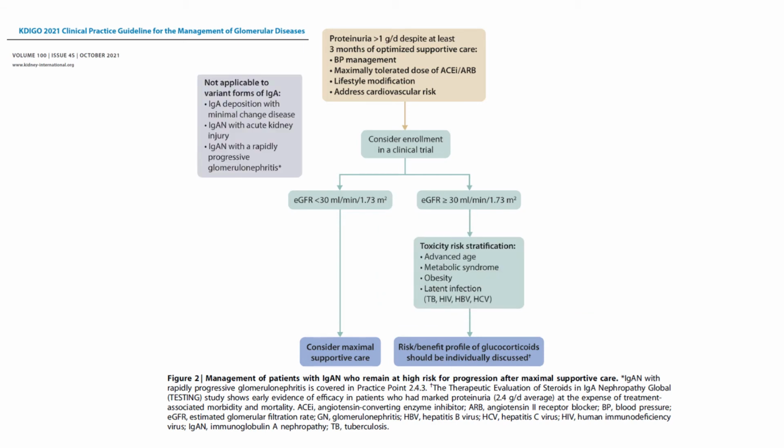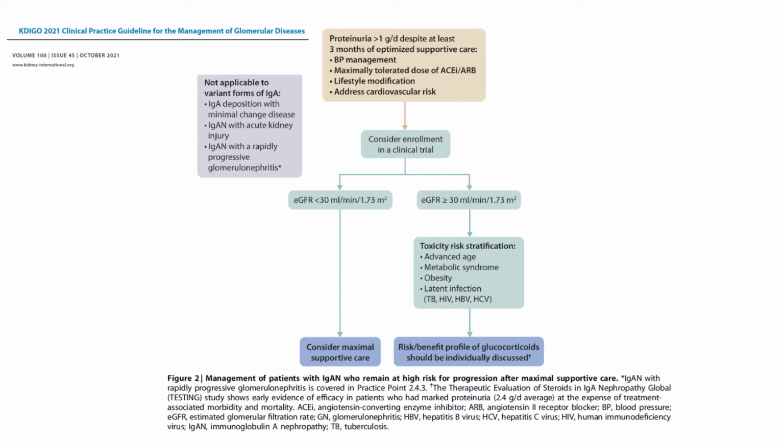An important point, which we'll concentrate on a second time: is this approach acceptable for all IgA related renal diseases? The answer is no. This approach is only for idiopathic IgA nephropathy.